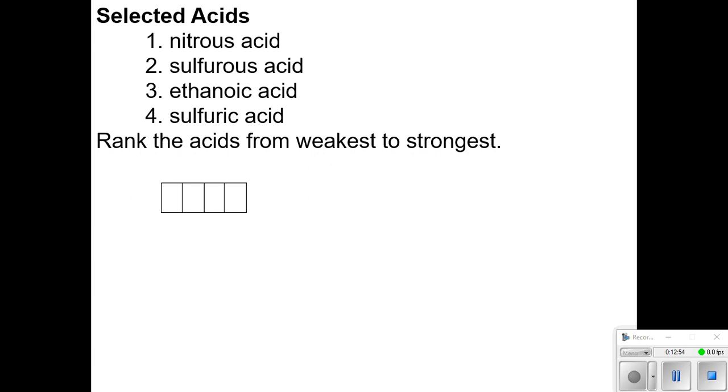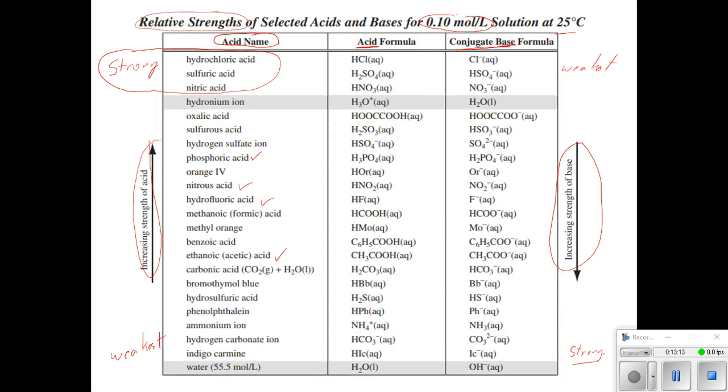Now we could take a look at a question like this. These are four different acids: nitrous, sulfurous, ethanoic, and sulfuric. Be careful. This is sulfurous, and this is sulfuric. If we go back to the table, take a look at where those are. Here's sulfuric. It's going to be the strongest, so that's our number one. Here is sulfurous acid.